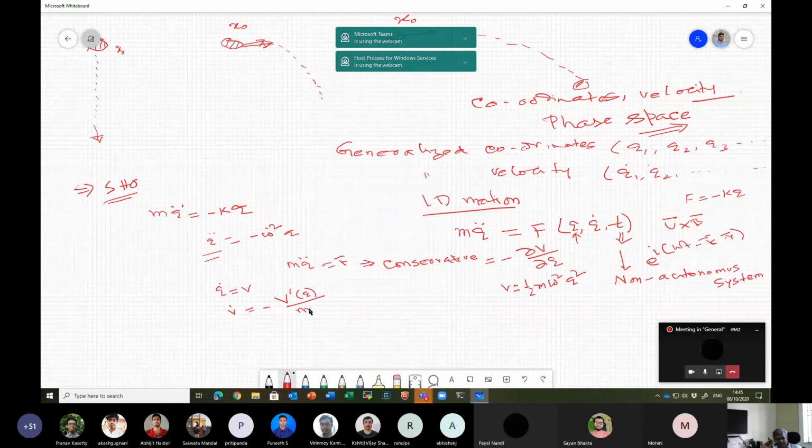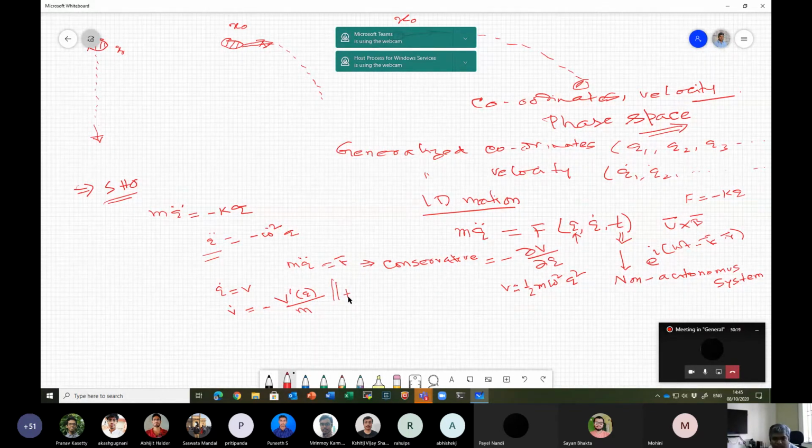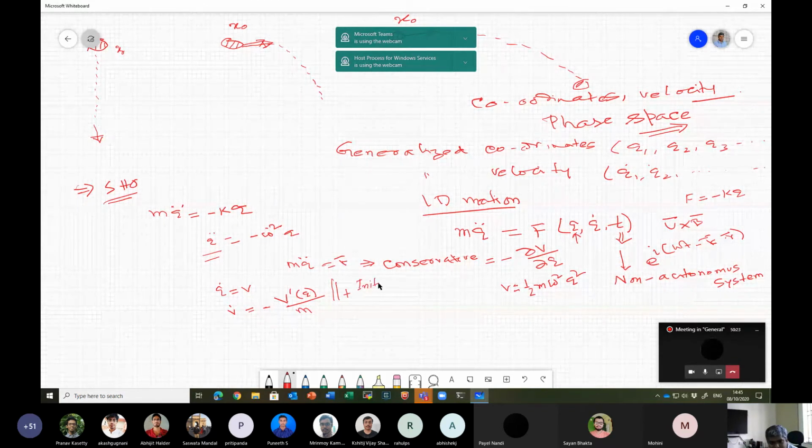Now what I'm trying to say here is, when we discuss these particles moving, we say that in the phase space we need two things. One is the coordinates, and another important thing that we discussed is the velocity. So if I want to solve these equations, in addition I need the initial conditions.